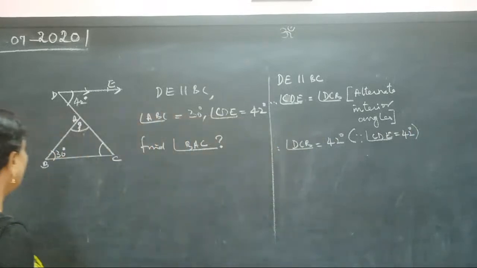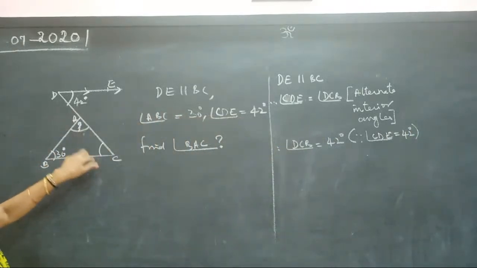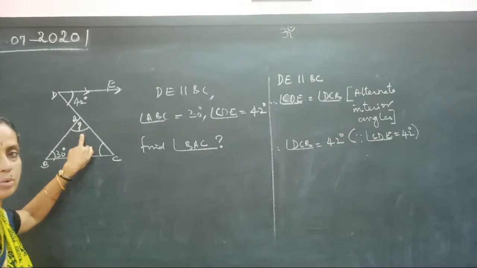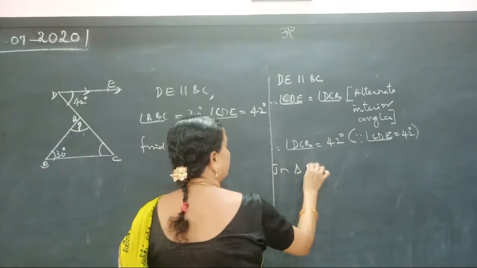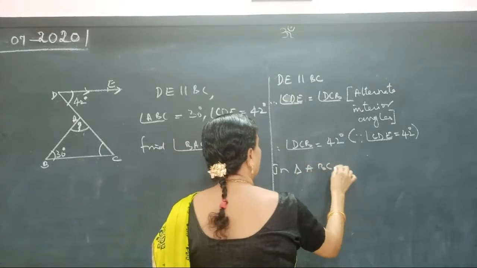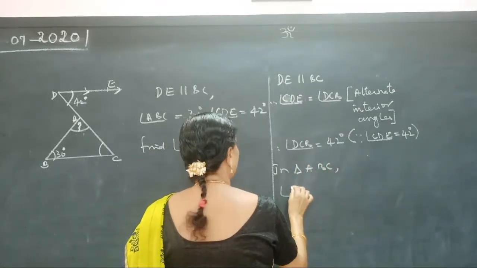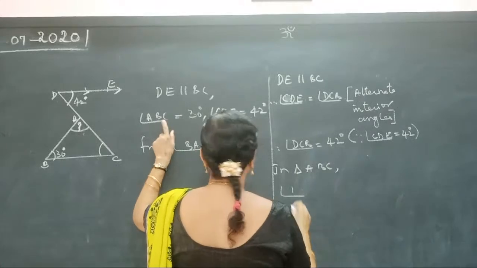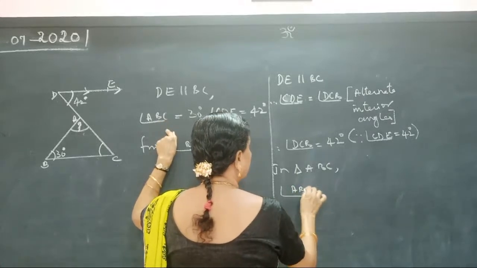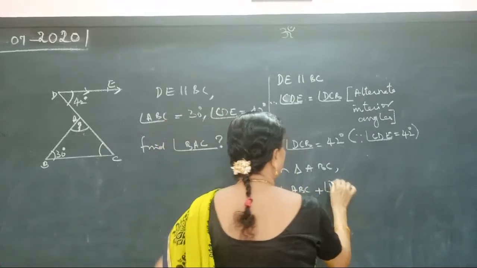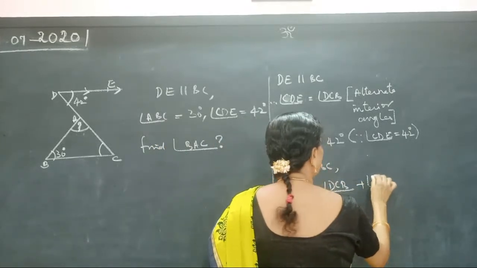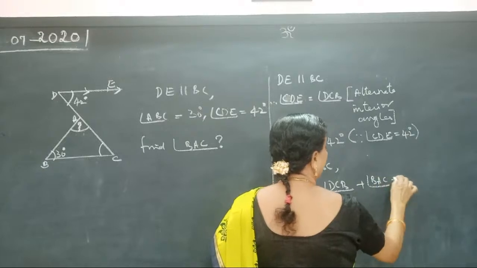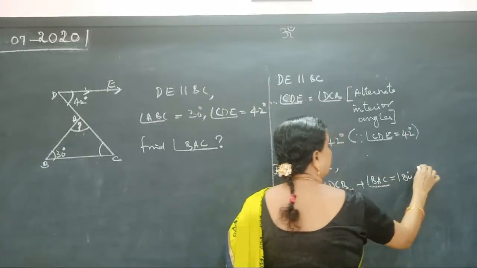Okay. Now knowing this angle, can you find out this? By using the angle sum property in triangle ABC, angle ABC plus angle BCD plus angle BAC. I am using three letters here.